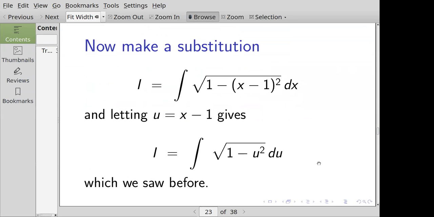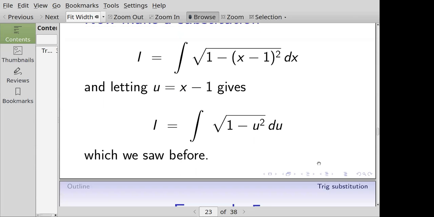Then the original integral is I equals the integral of root of 1 minus u squared du. Now what do I do? Integrate by substitution, I guess. The substitution that we saw before for this form was u equals sine theta. So from this point on, you know how to do it.